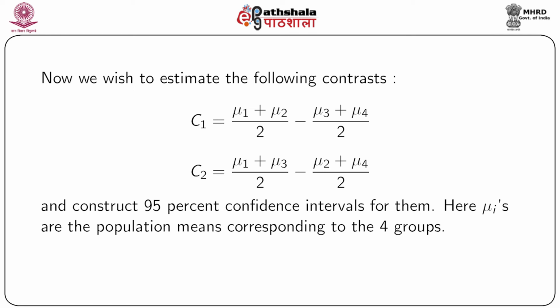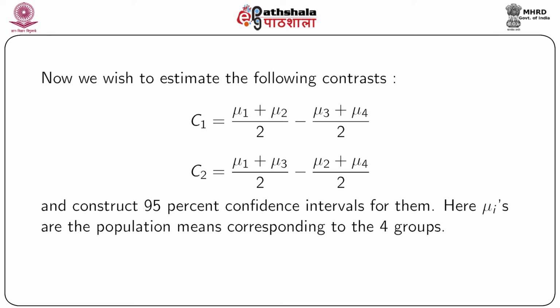As we can see, the sum of all the coefficients adds up to 0, as was the condition in the generalized form of contrast that we have seen previously. And C2 is also written as a linear combination where the sum of the coefficients equals 0, in the form of (mu1 plus mu3)/2 minus (mu2 plus mu4)/2.